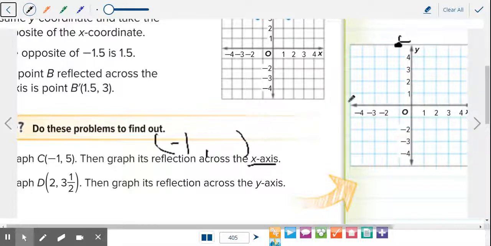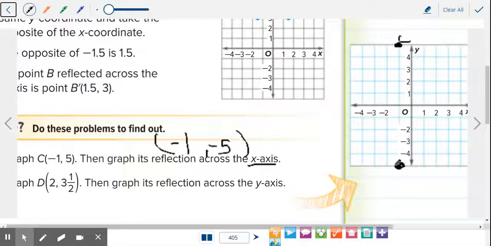Because remember, if we're reflecting over this line down here, I'm literally trying to take this from up here and get it down here. It's like I want to fold them up. Okay, so we literally just drag this point down, -1. And now what's the opposite of 5? -5. So like I said, we literally drag it down.